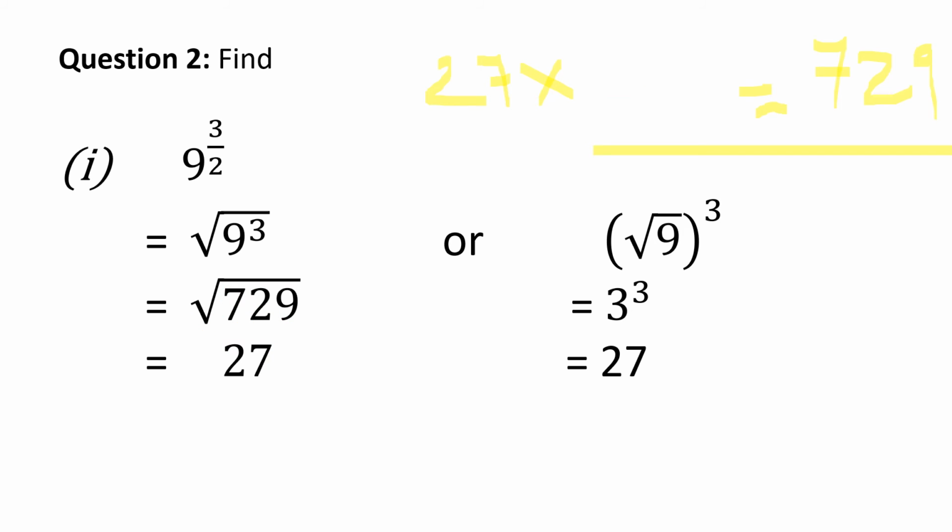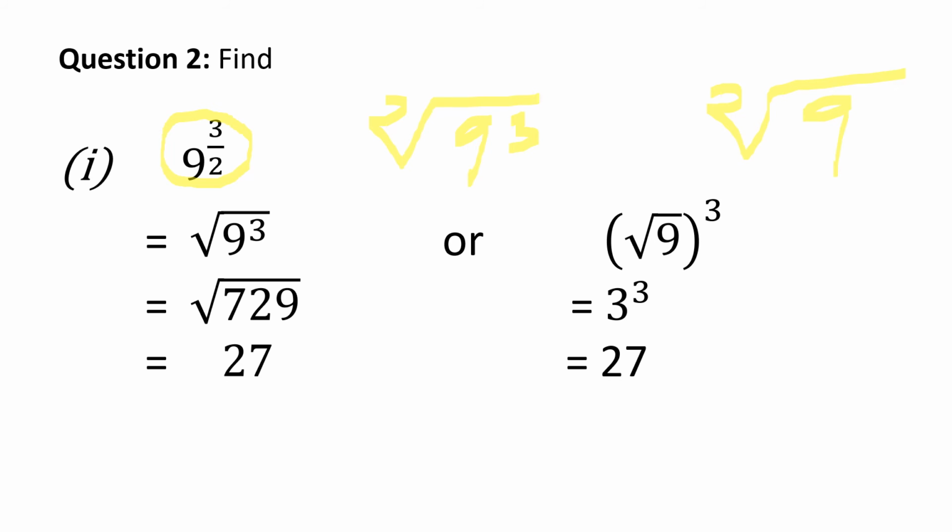Now the same question, you can do it in some other way also. Look here. You can write this cube for the whole square root also. It's not necessary that you have to put the cube inside. You can first take the square root of 9 and then you can cube that also. So this one can be written in two ways. Which way? First you can write square root of 9 cube, or you can write square root of 9 the whole cube.